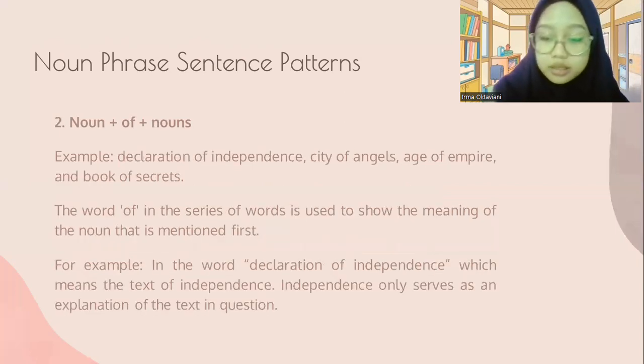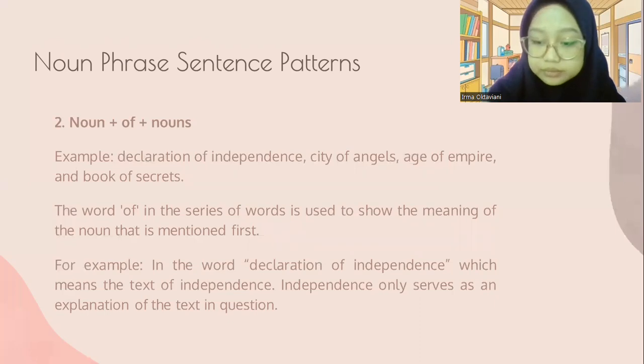The second is noun plus of plus noun. What are examples of words with this pattern? You can see it with words like Declaration of Independence, City of Angels, Age of Empire, and Box of Secret.